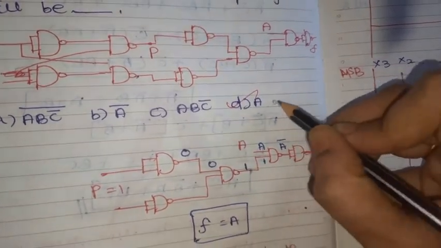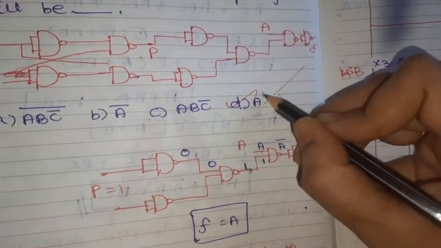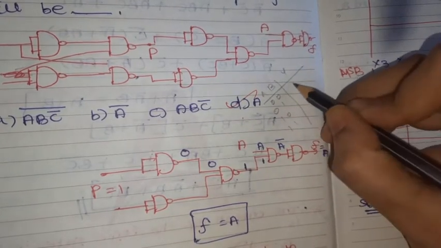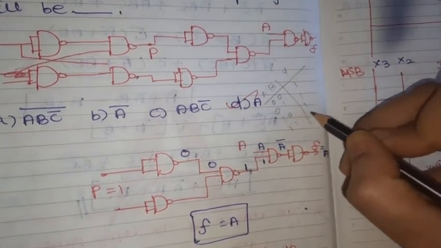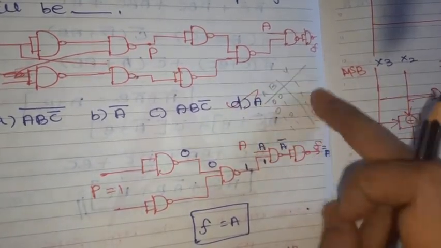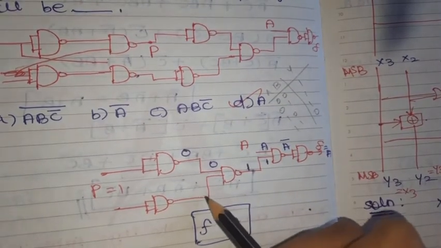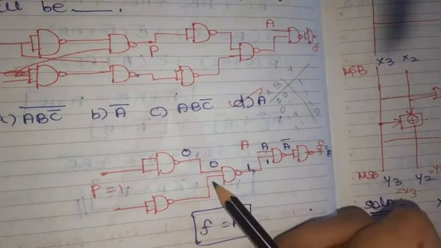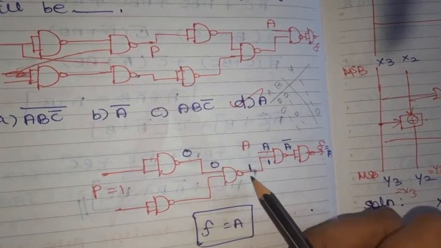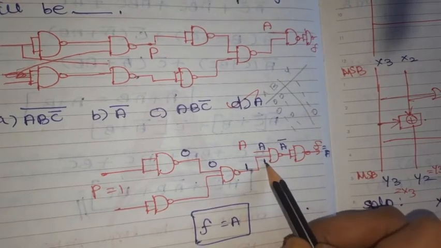What is the truth table of the NAND gate? A, B, Y: 0, 0, 1. Whenever any input is 0, the output will automatically be 1 only. So we do not need to worry about the other input. One of the inputs is 0, so the output will be at logic 1. So this 1 goes here.